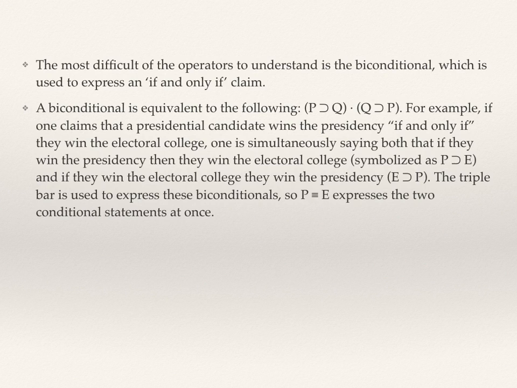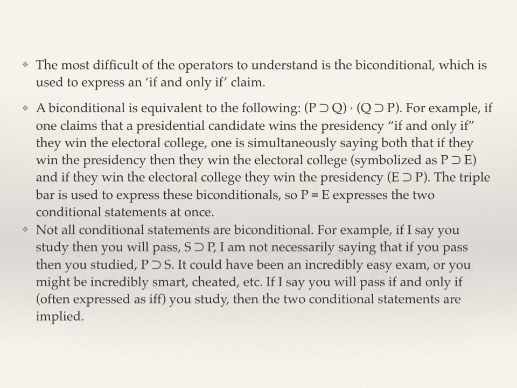For example, if one claims that a presidential candidate wins the presidency if and only if they win the Electoral College, one is simultaneously saying both that if they win the presidency, then they win the Electoral College, symbolized as P implies E, and if they win the Electoral College, they win the presidency, symbolized as E implies P. The triple bar is used to express these biconditionals. So P triple bar E expresses the two conditional statements at once.